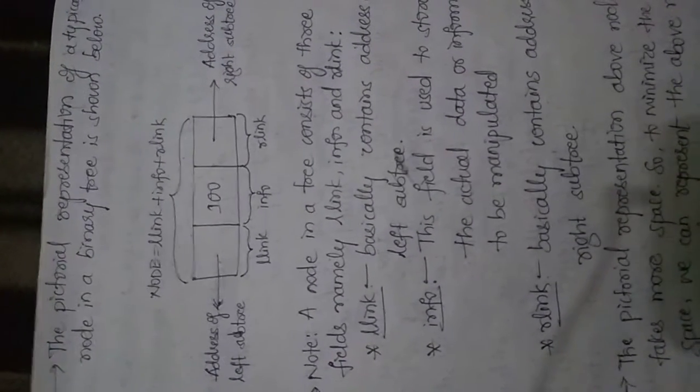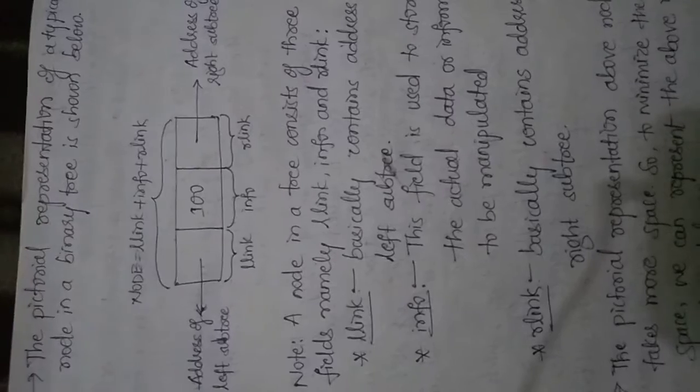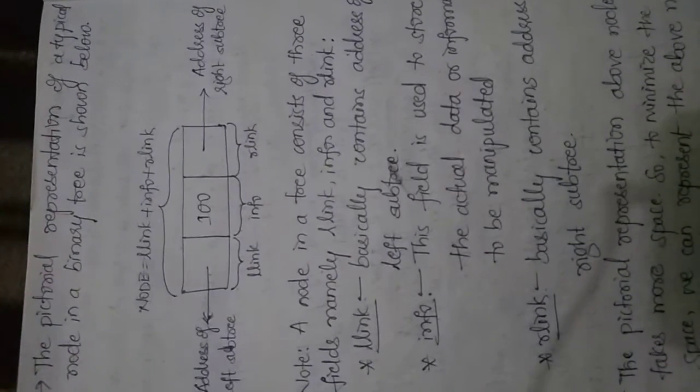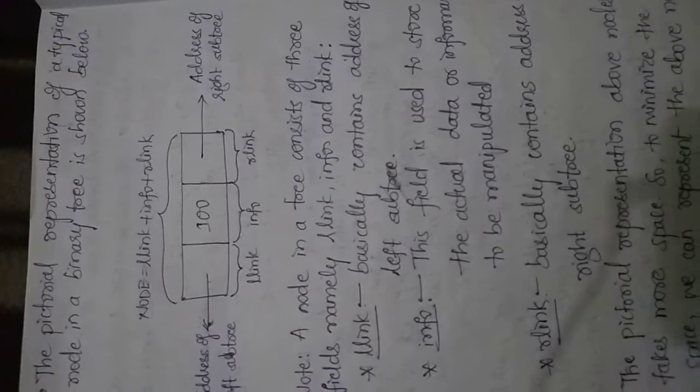When I talk about the root, there are 3 groups present within the binary tree. The first group is called the root. If the tree is not empty, the first node is always the root node.